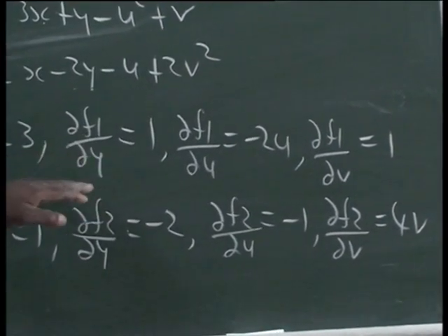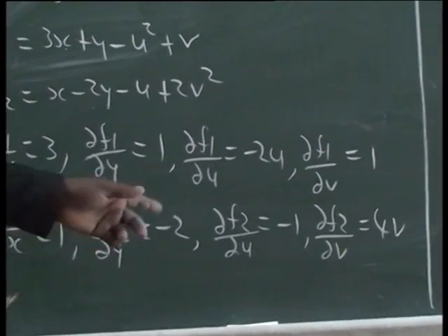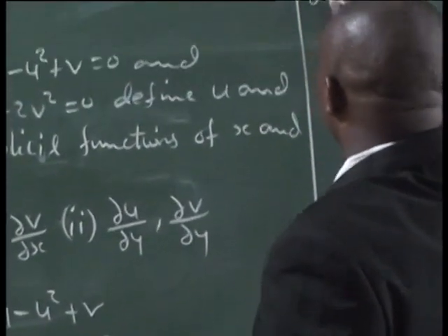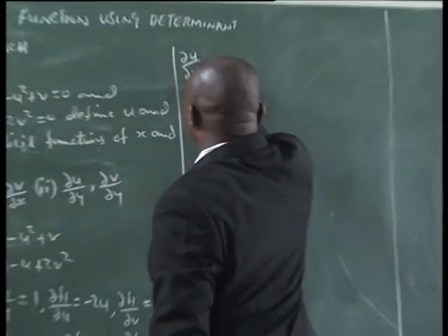So immediately we get that, the next thing is to find partial u partial x.